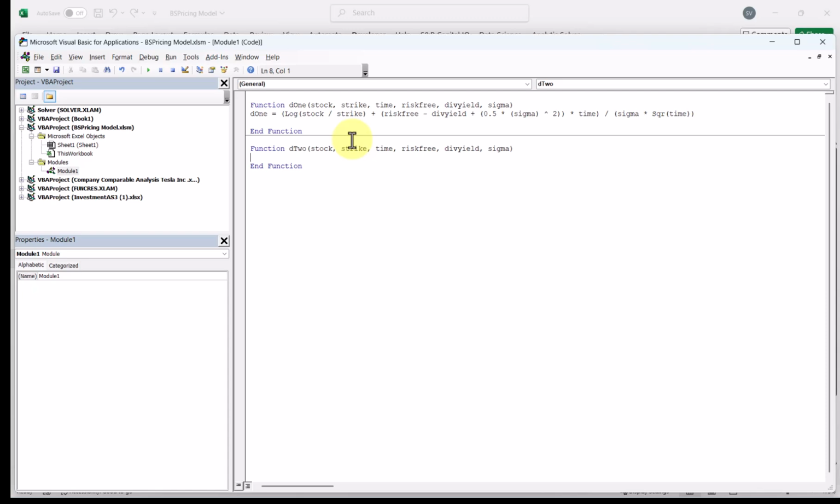So D2 is equal to D1, and then it gives me an instruction here of what to put in. So you have to put in all of those variables that are the variables for D1 in there. And that's also why we have to declare them in the first row.